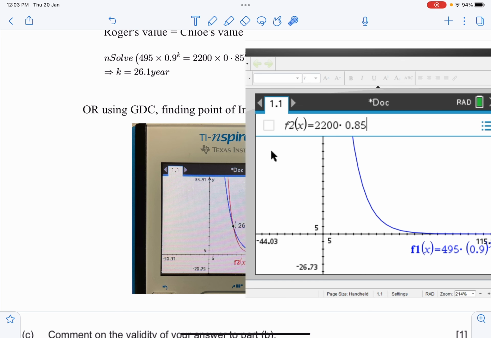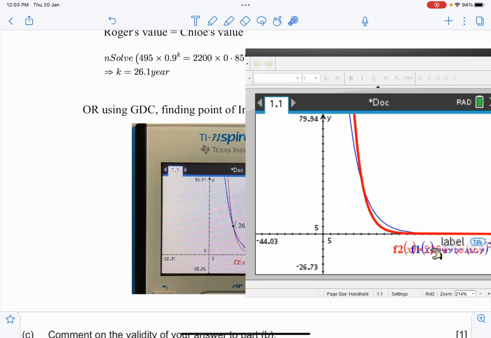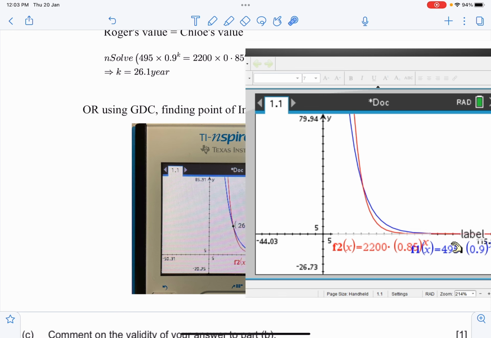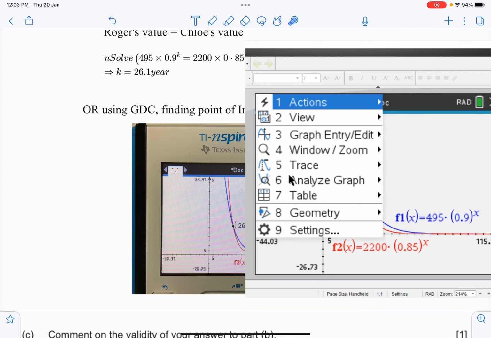Hit enter. Now the other graph will be visible, which is red. I am separating the labels for both graphs so that you understand it well. Just press your cursor at the function and drag it up. Now analyze graph and find the point of intersection.